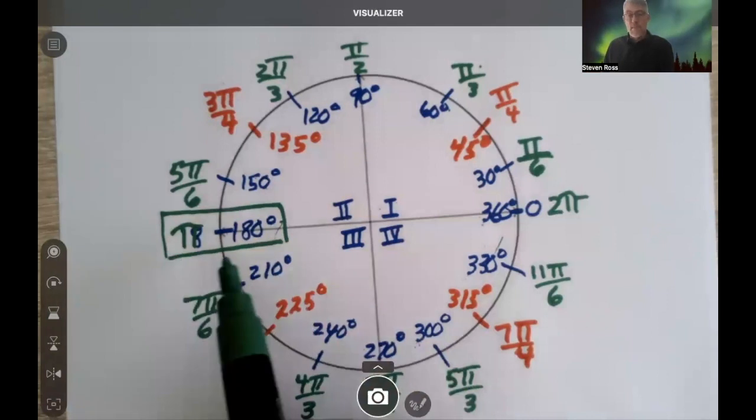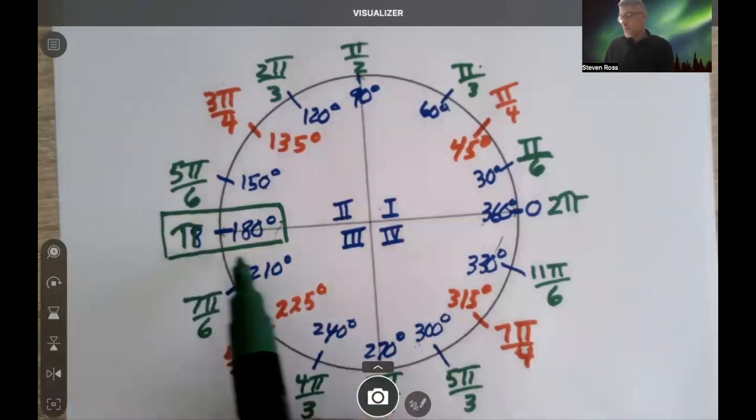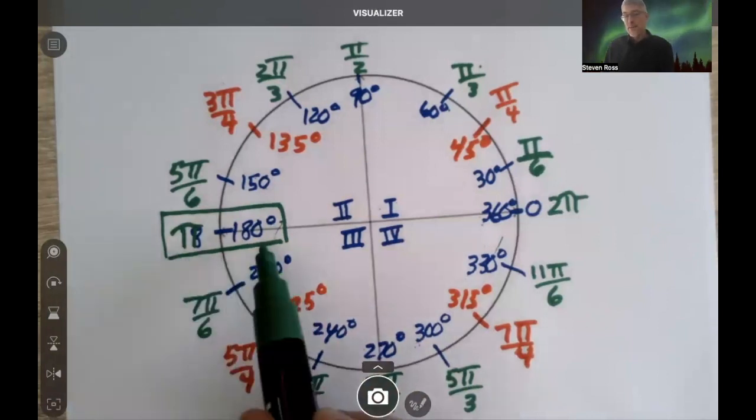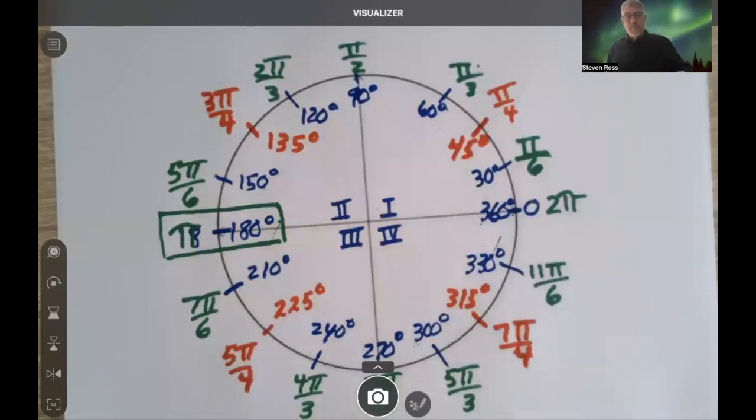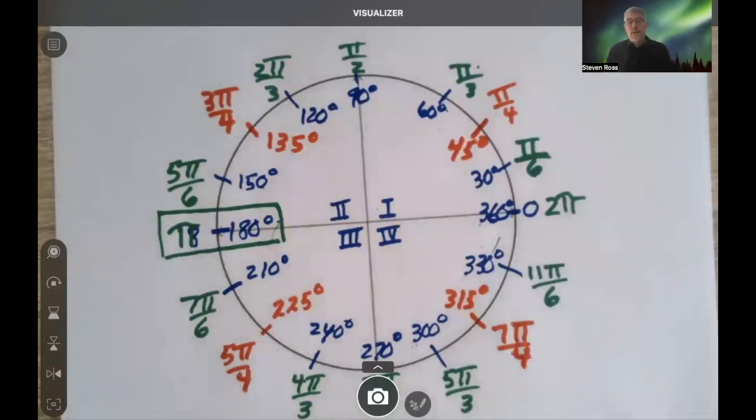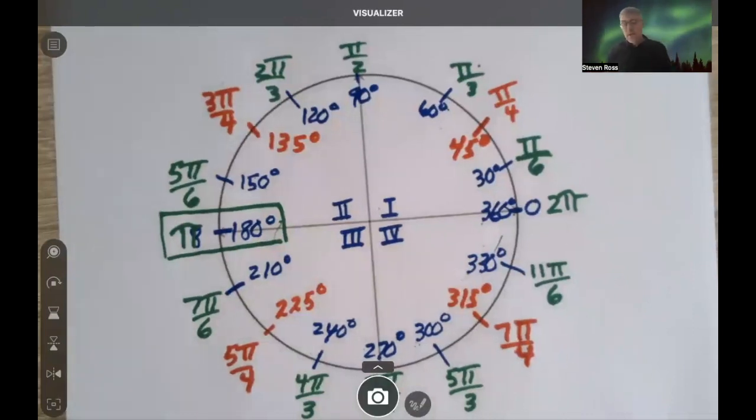We're going to say that pi is equal to 180 degrees. But each of these hash marks represents equality. So that takes us to, well, what if we don't have a special angle? Or maybe we do have a special angle, but what if we want to do some converting?